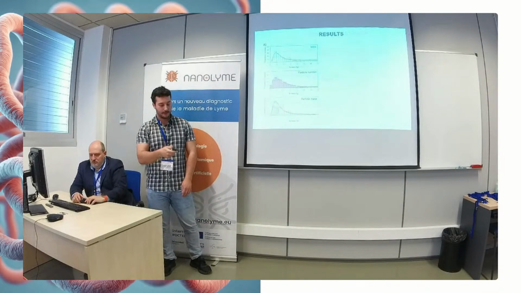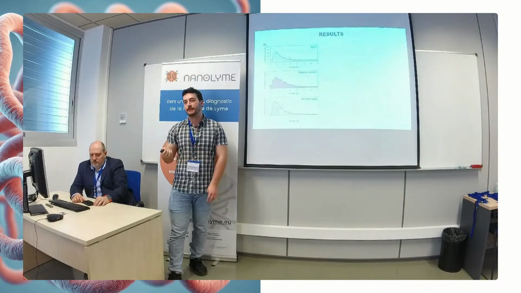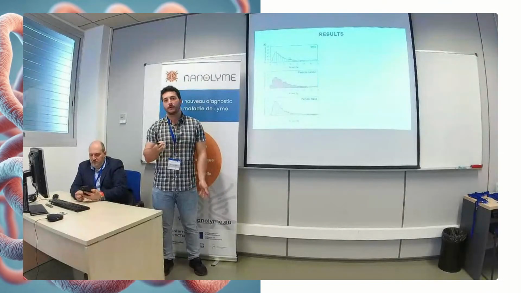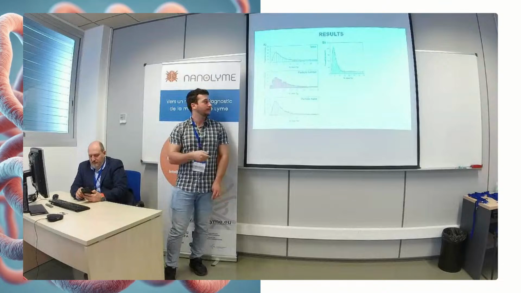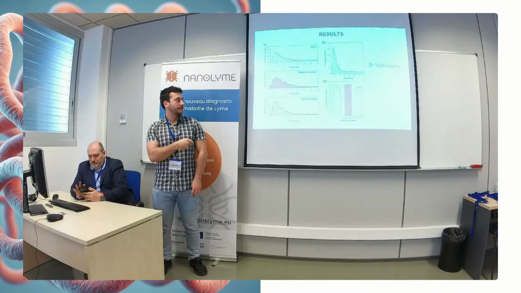So looking at the results, we applied these methods to the analysis of HeLa cells, which are a cancer cell line, doped with gold nanoparticles. And here we observe that the distributions are quite similar, all of them log-normal distributions. We compared the results with the traditional method, just in suspension. And here's the comparison, where we can observe that in terms of accuracy, the particle mass method we developed is the one offering higher accuracy compared to the reference method.